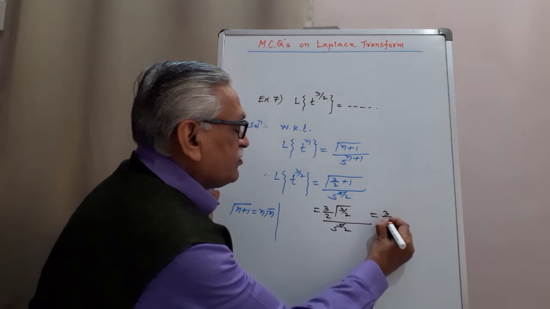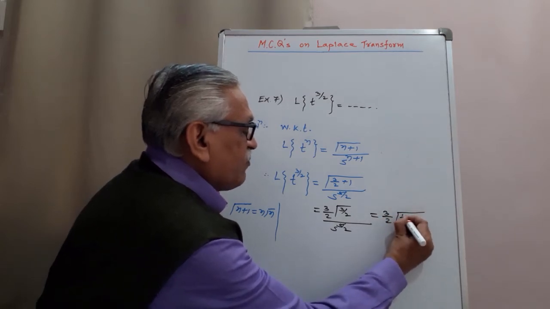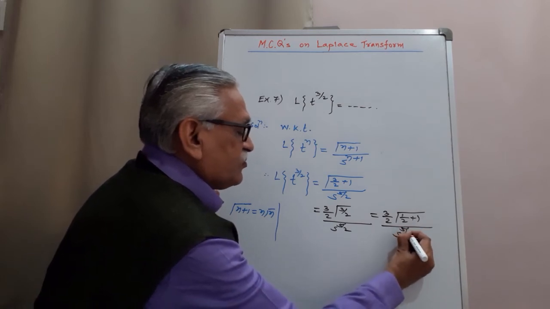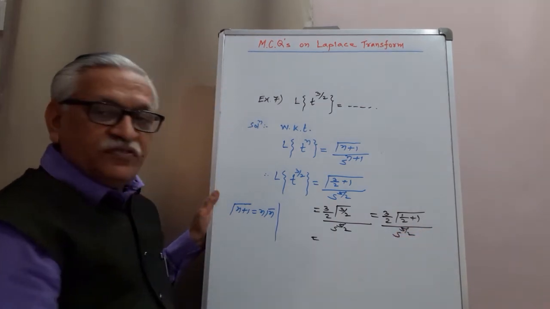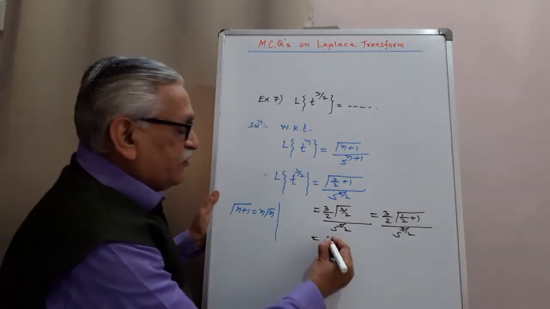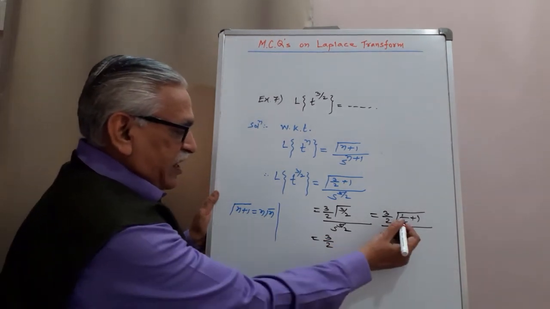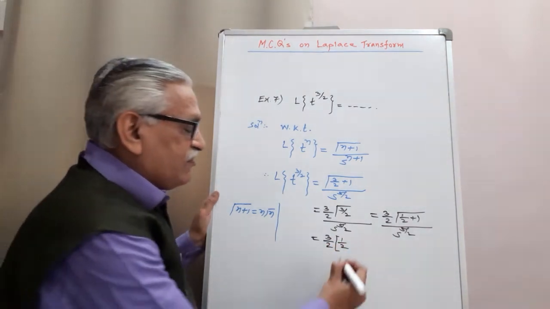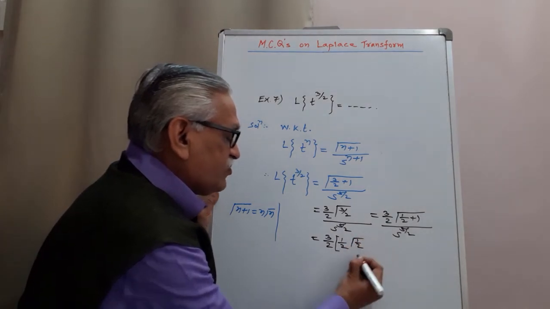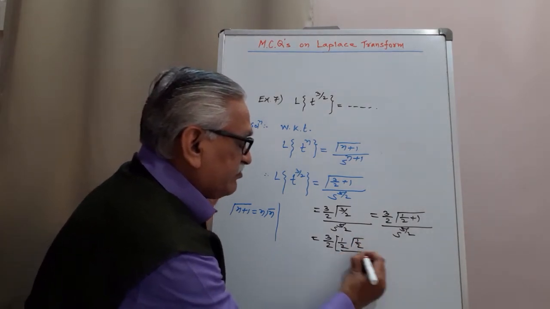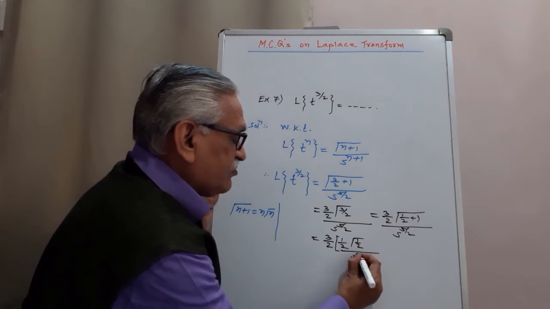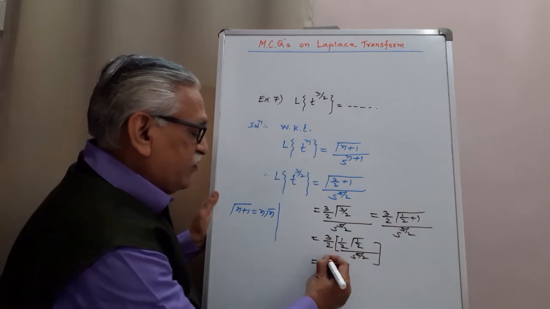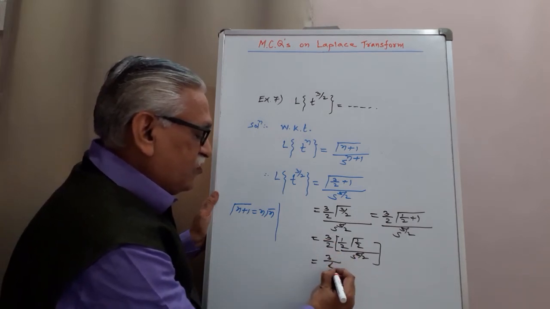Therefore it is 3 by 2 gamma of 1 by 2 plus 1, divided by s raised to 5 by 2, and that is equal to, once again applying the same result, 3 by 2, n is here 1 by 2, gamma 1 by 2 whole divided by s raised to 5 by 2, and therefore it is 3 into 1 we get 3, 2 into 2 is 4.